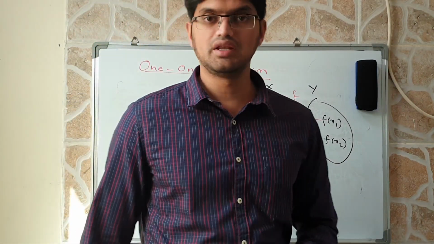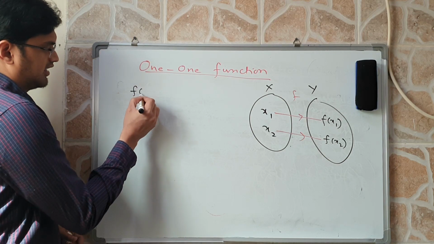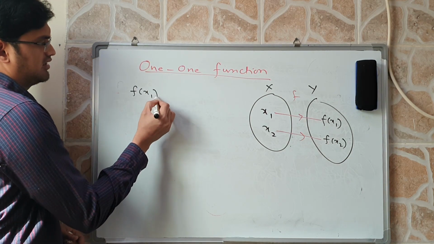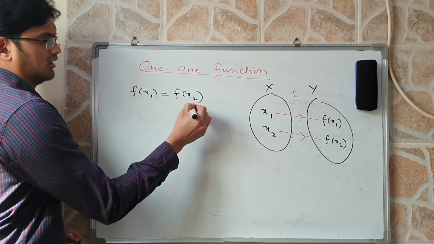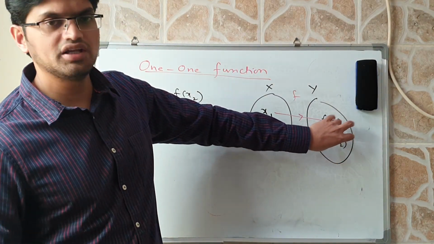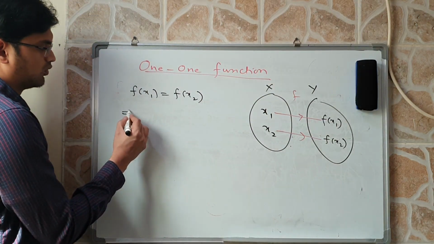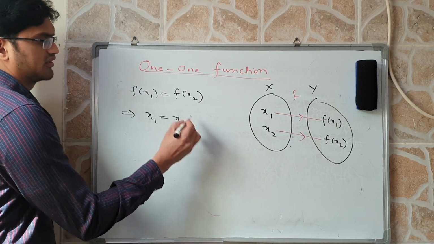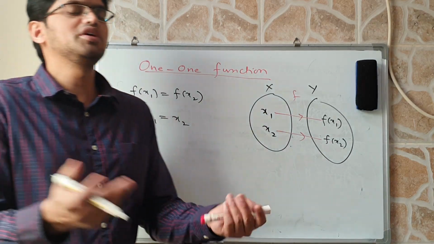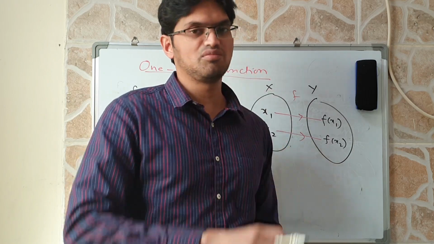Please listen very carefully. Let us say the images are becoming equal. If I am saying that the images are the same, then I should prove x1 is equal to x2. That is the meaning of distinct elements having distinct images.